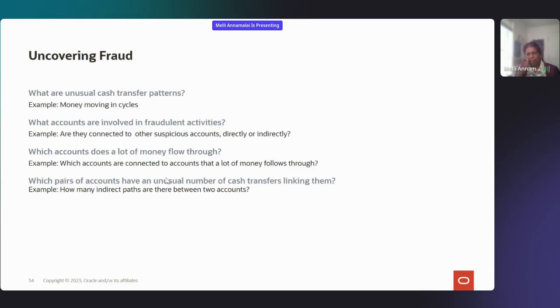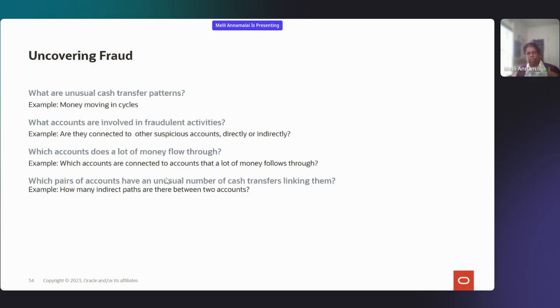Which are the accounts that have an unusually high number of cash transfers between them? These are the types of questions that can be best answered by a graph, because you don't know how long your paths are, and you're really looking for new connections, you're looking for how the existing connections come together to form a pattern.